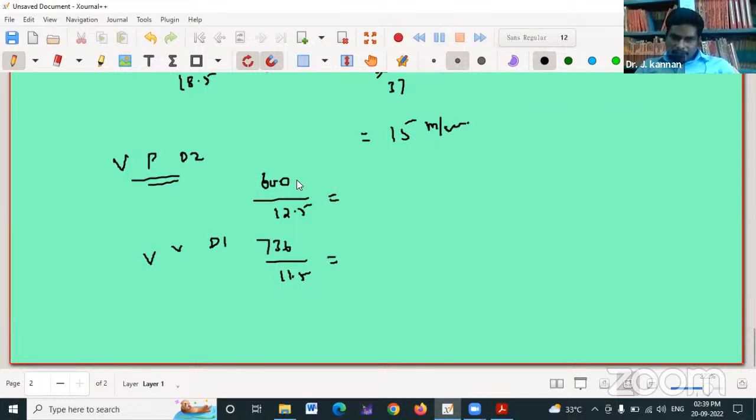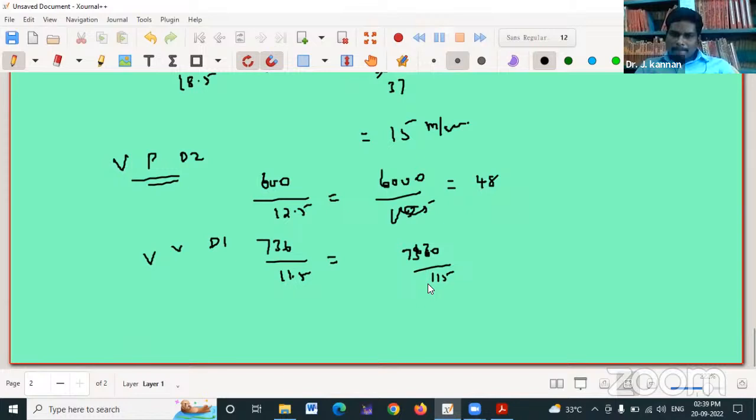So we find 6000 divided by 125 and 736 divided by 115. So 1000 is 8 times 125, so 6 times 8 is 48.